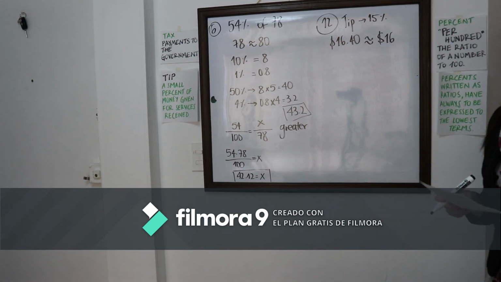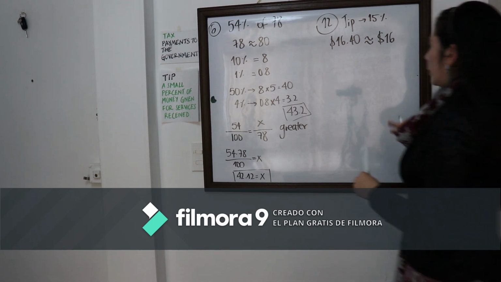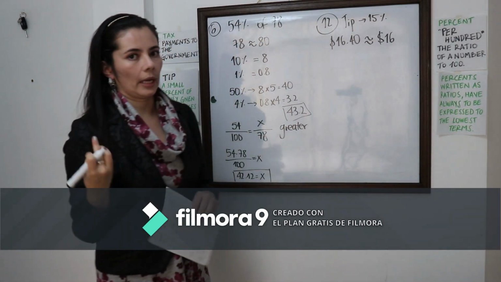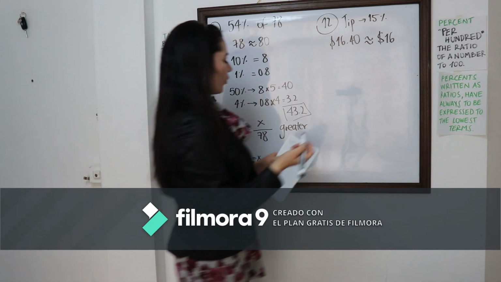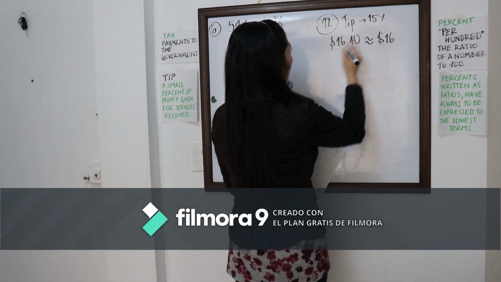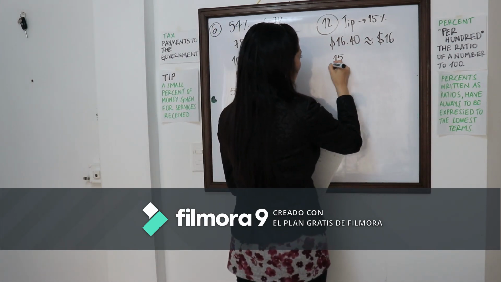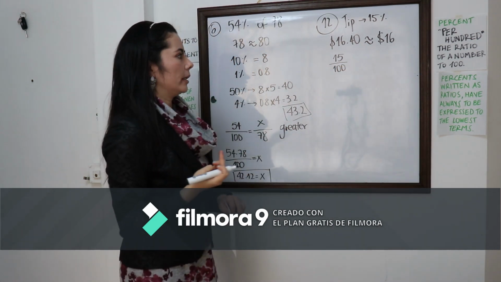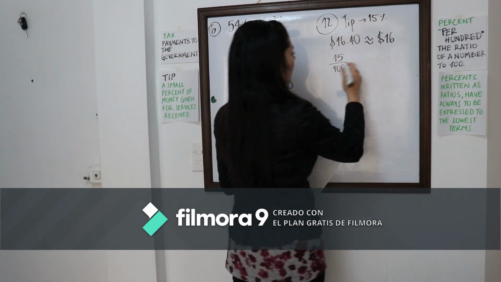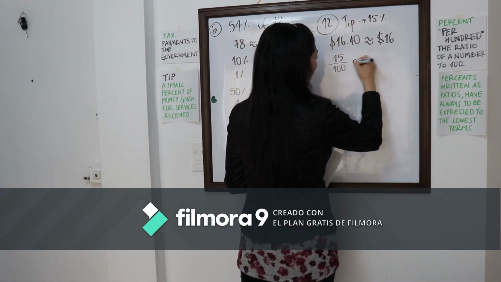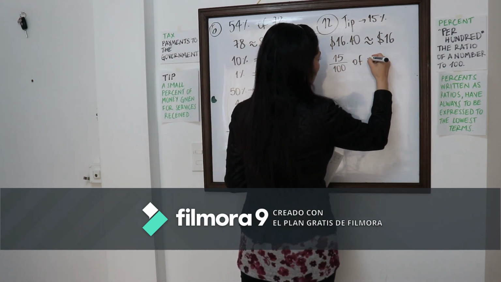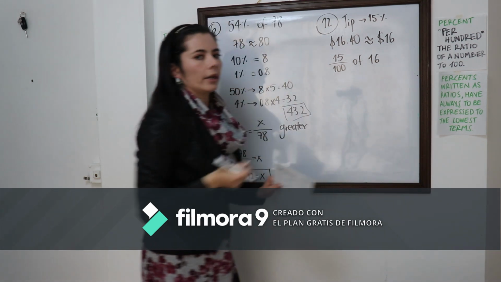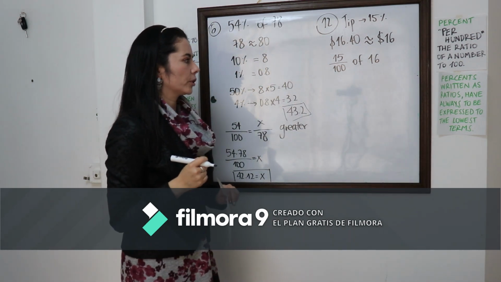And then with that amount of money, I'm just going to try to get the tip that I'm looking for. Of course, I want to think about the tip as a ratio. Why? Because it's actually a little bit easier for me, because I can think of 15 out of 100 of 16. Remember marbles activity? There you go. Back again to it. Sure.